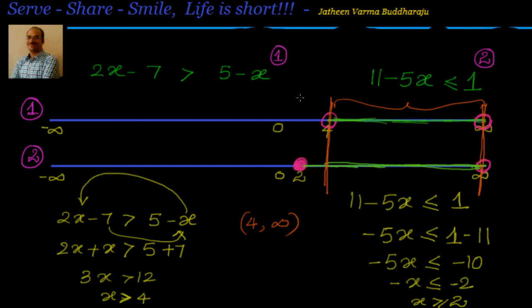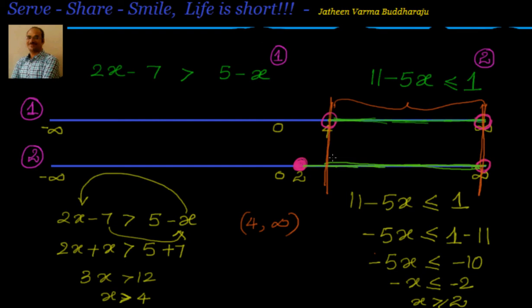So whenever you want to solve a system of linear inequations in one variable, you have to solve those linear inequations separately, find their solutions and look for the common solution which will take care of both. From the first we got x greater than 4. From the second we got x greater than or equal to 2.